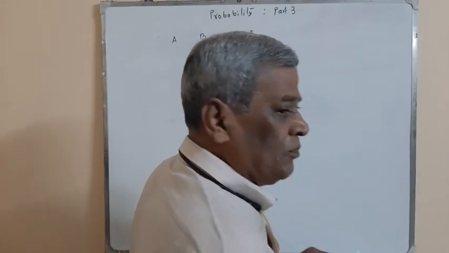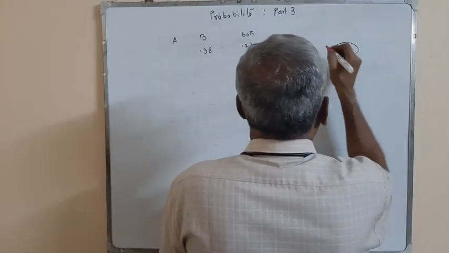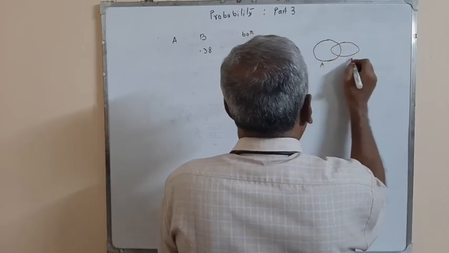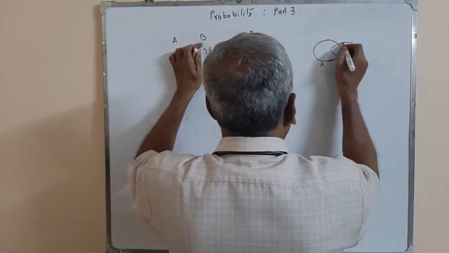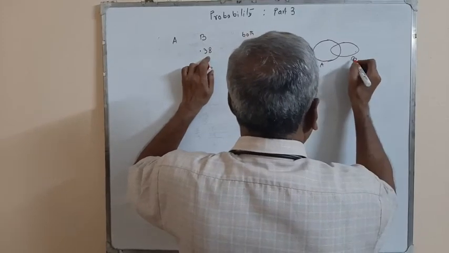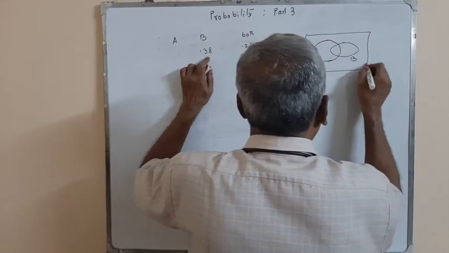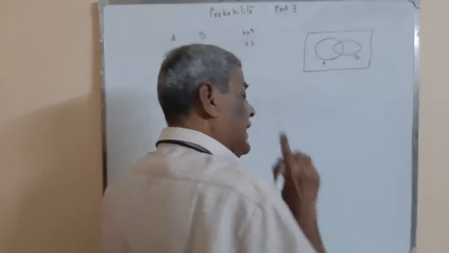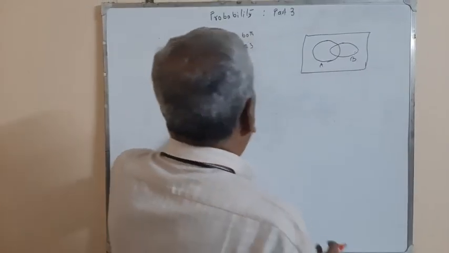With the help of a Venn diagram, suppose this is B, this is A. B can solve the problem is 0.38. This probability is 0.38. Both of them, A can solve, again B also can solve individually, is 0.23.